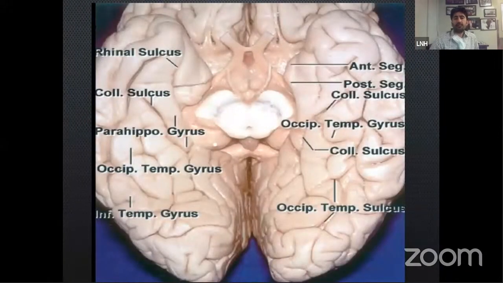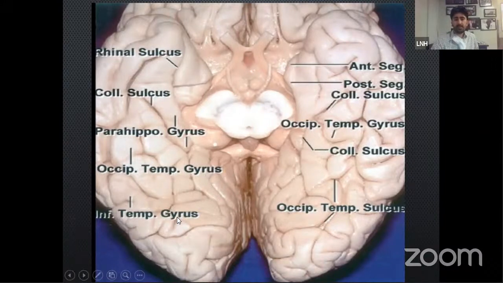Now we come to the inferior surface of the occipital lobe. Basically, again, the inferior surface is separated from the temporal lobe by an imaginary line that is drawn from the pre-occipital notch up to the parieto-occipital sulcus.